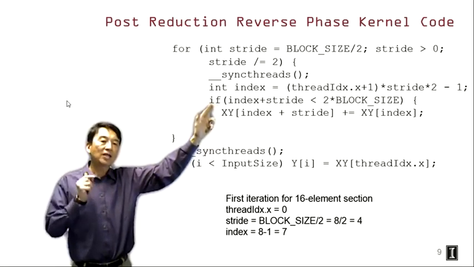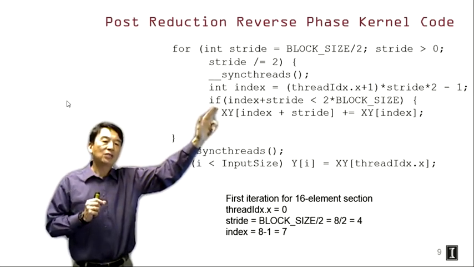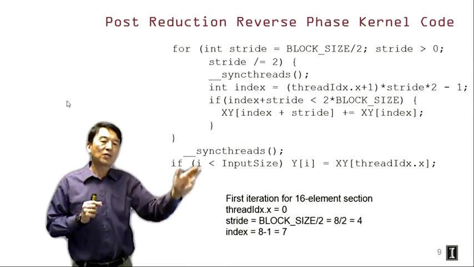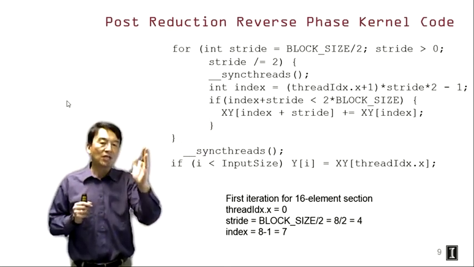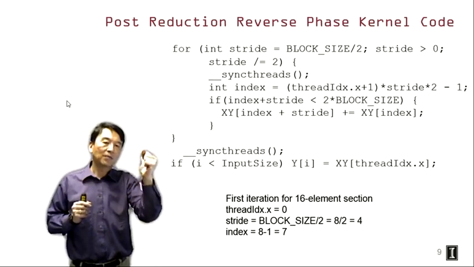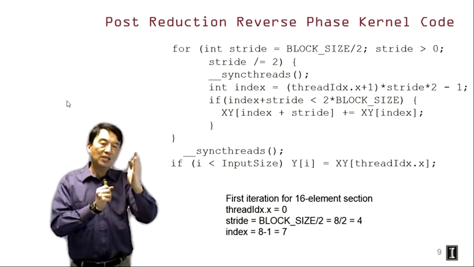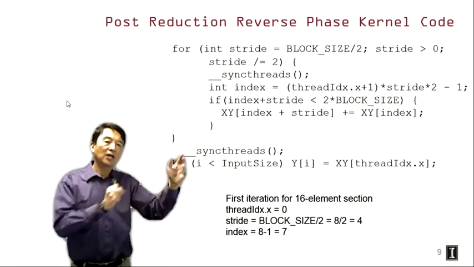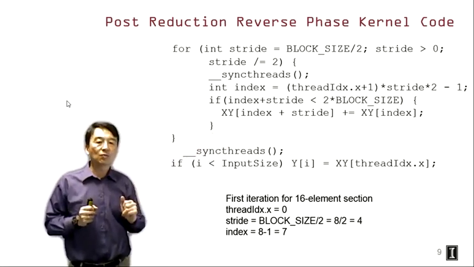So 1 times 4 times 2 is going to give us 8. And 8 minus 1 is 7. So thread 0 is going to be mapped to position 7, which is exactly where we want. It's in the middle of the data structure. And the stride size is going to be 4, so it's going to be adding position 7 and position 11, which is 7 plus 4 together. And it's going to write into location 11 as we wanted to do.